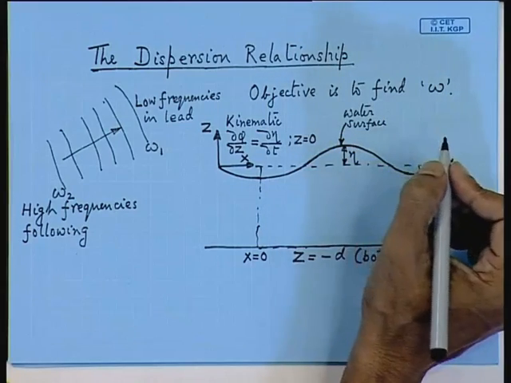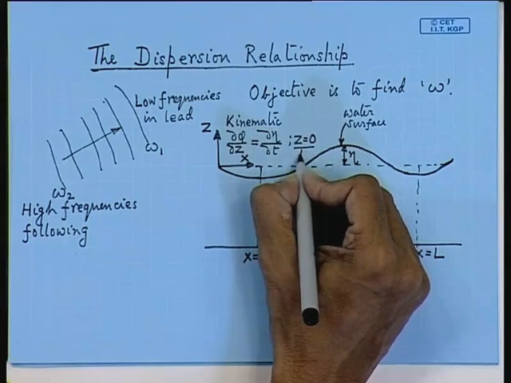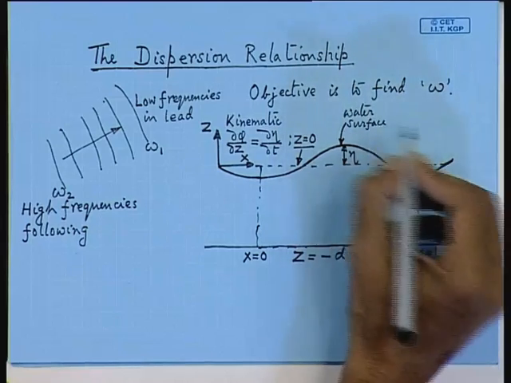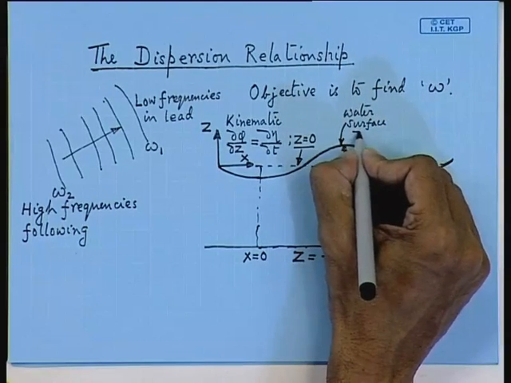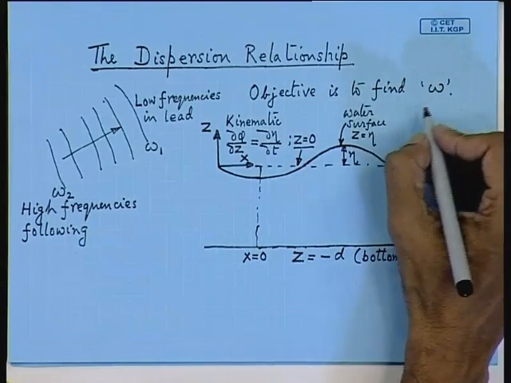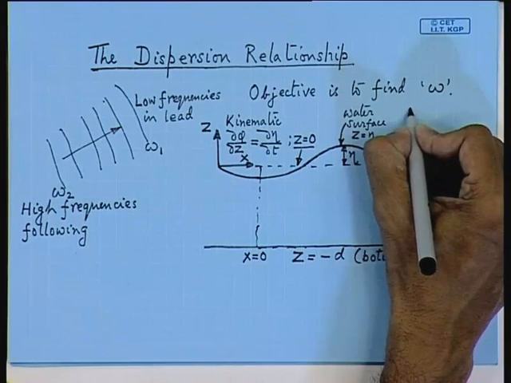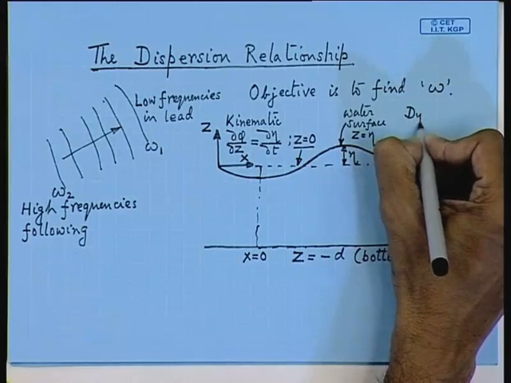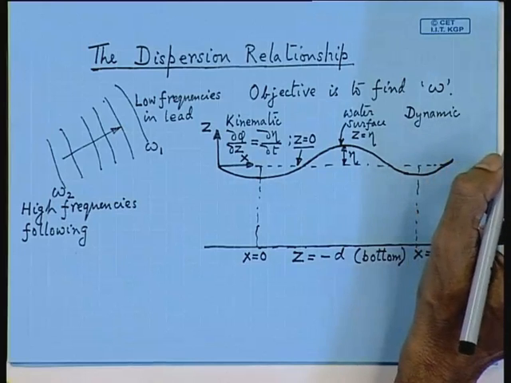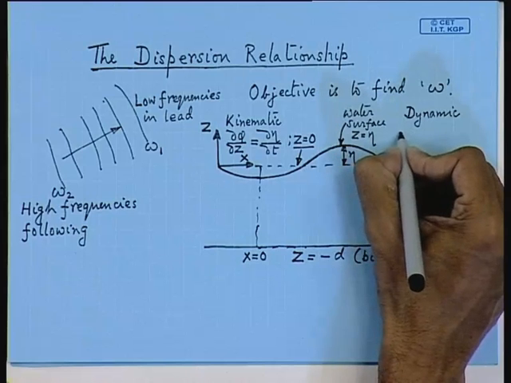So, what is the value of z at this region? Now, z equals 0 is this dashed line, and here the water surface is z equals eta. Now, on the other extreme, you will find what is called the dynamic free surface condition. So, what is that? The dynamic condition comes from the Bernoulli equation.